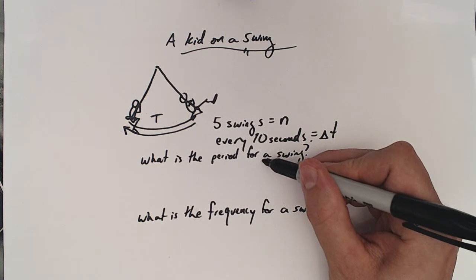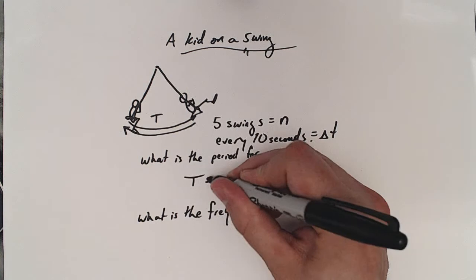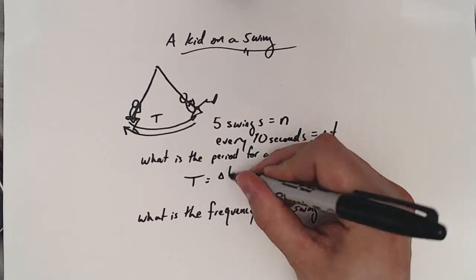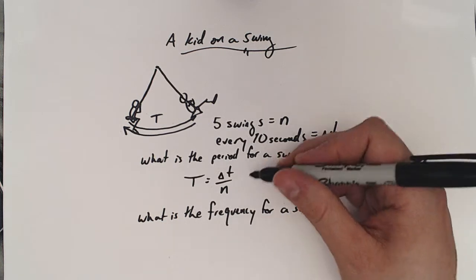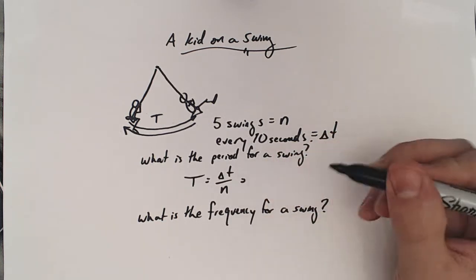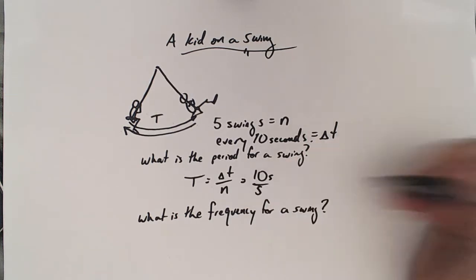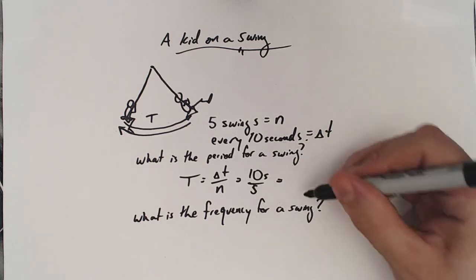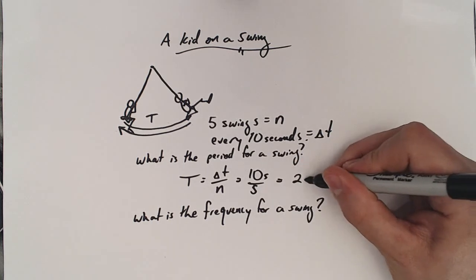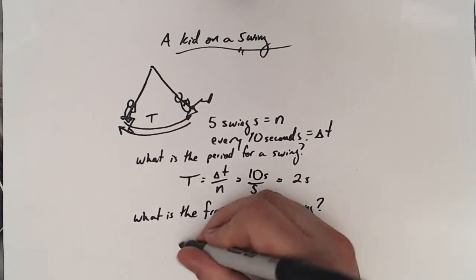The period of time for one oscillation, we call it capital T, is going to be equal to delta T divided by N. I'm going to format this horizontally because I left myself too little space. Delta T, 10 seconds, N, 5 swings, no units. 10 divided by 5 is equal to 2 seconds per oscillation. 2 seconds is the period.